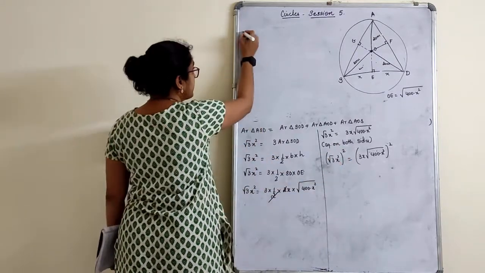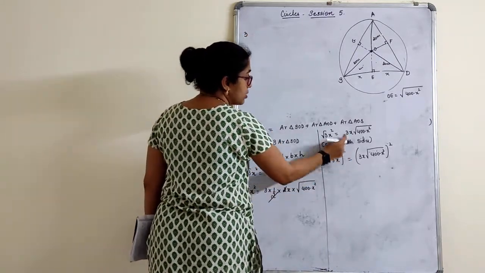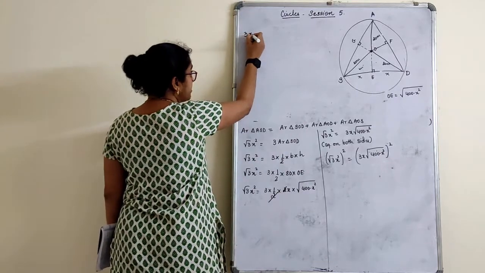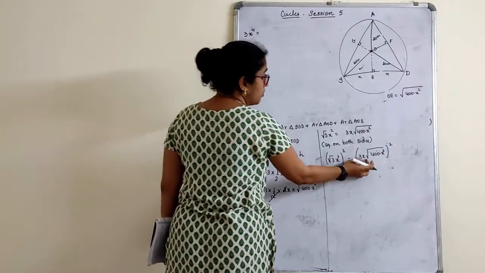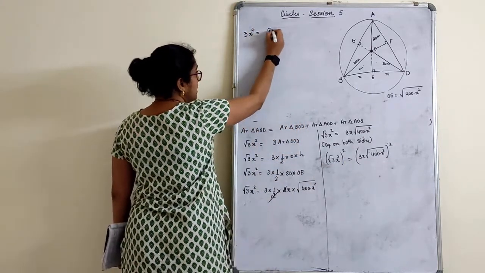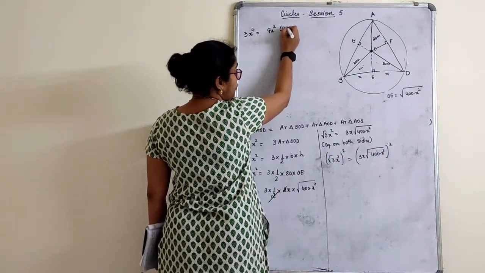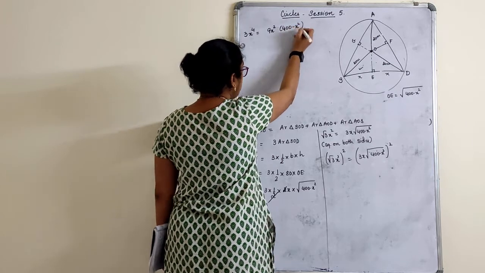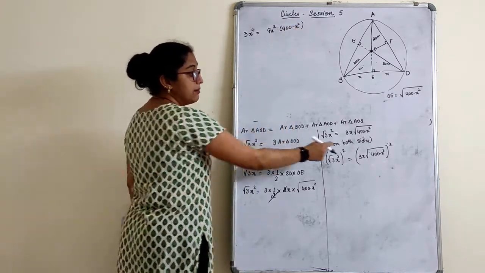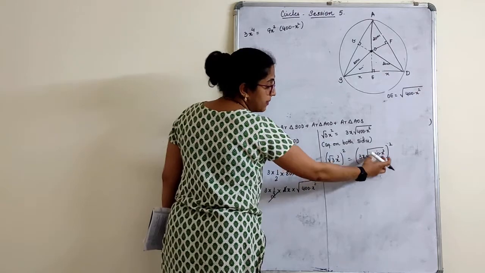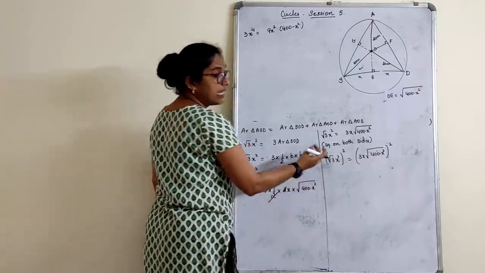Square and root will get cancelled. Answer is 3. X square into x raised to 2 again, x raised to 4. This is equal to 3x whole square, that is nothing but 9x square. Square and root will get cancelled, 400 minus x square. Be very careful when the square is there. Multiplication sign. So square for this separately and this separately.